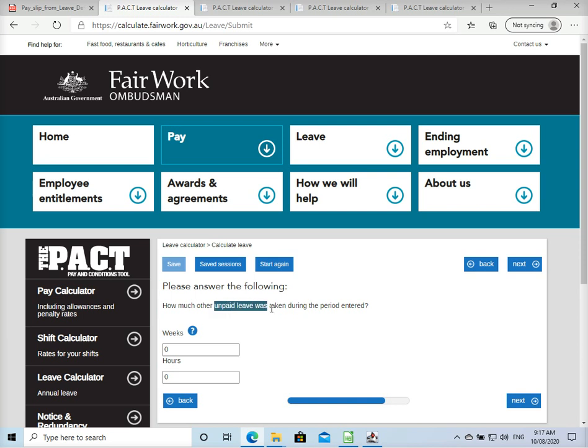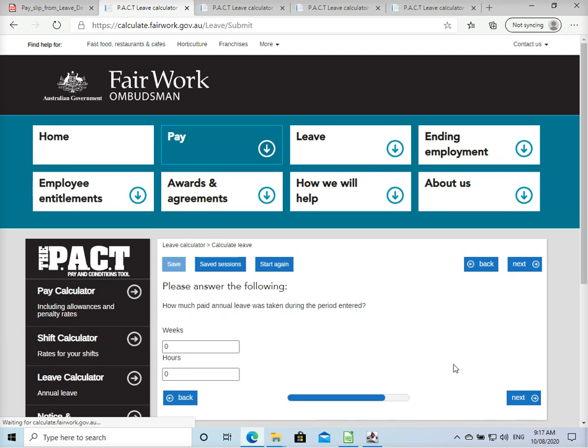If there's any other unpaid leave, just leaving that at 0. Okay, how much annual leave was taken during the period? I'm just going to leave that at 0 because whatever they calculate, that's just straight off the balance, and so I'm really just interested to see, for the purpose of this exercise, what the total amount accrued is.